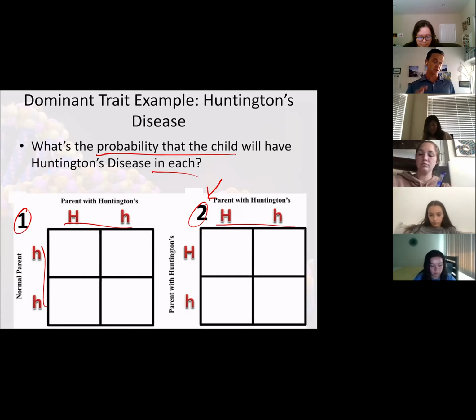That's how it works. So go ahead and put in the percentage in your clicker app, and you don't have to have the percentage symbol. Just put in 25, 50, 75, 100, whatever it might be. And this is for if they're likely to get it, not if they won't get it. So with this, if there's a capital H in there, then they have it. Right, okay, yeah. Cool.